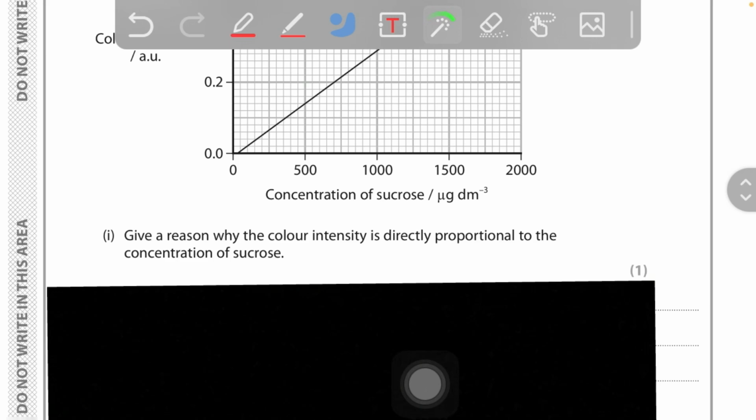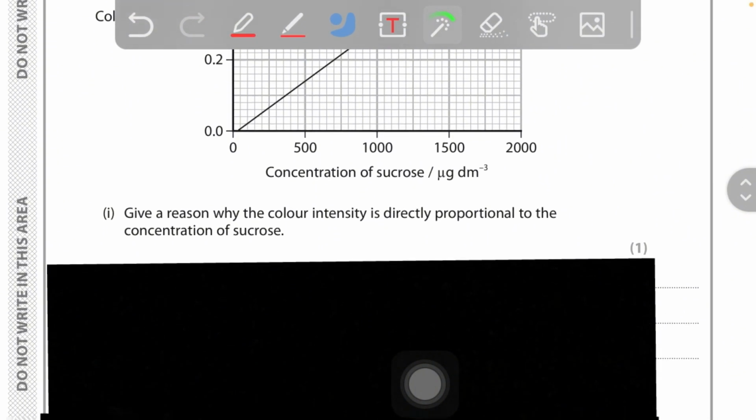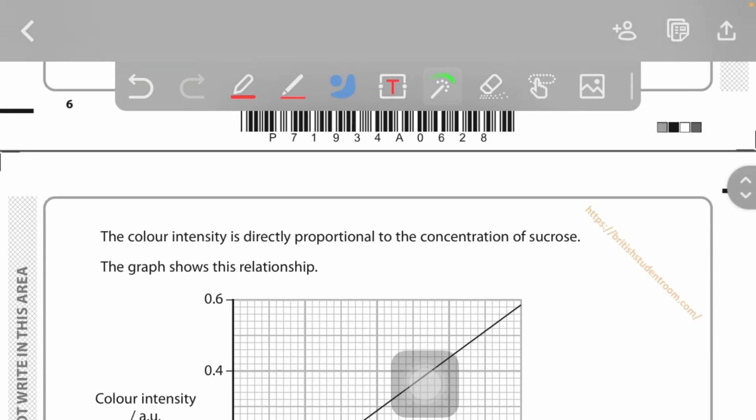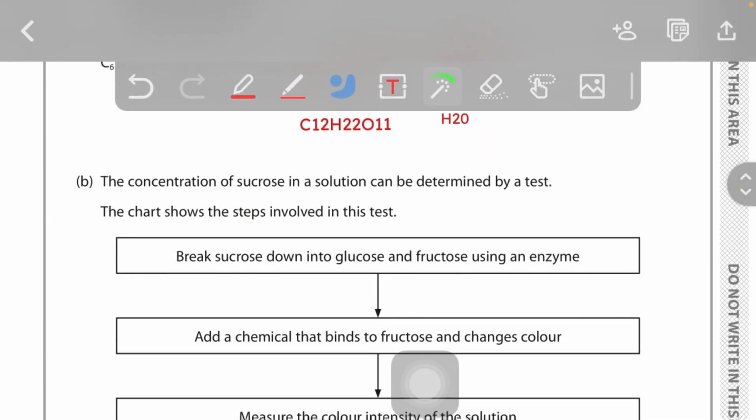Because the sucrose contains the same number of fructose, right? That's why it is directly proportional. It says to break sucrose down into glucose and fructose using an enzyme.